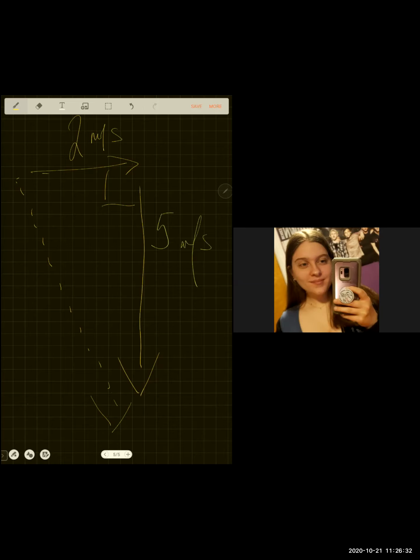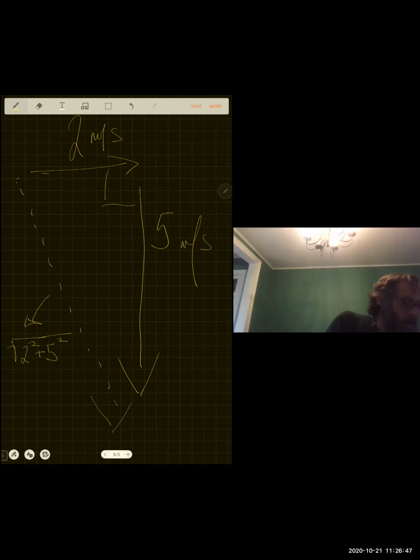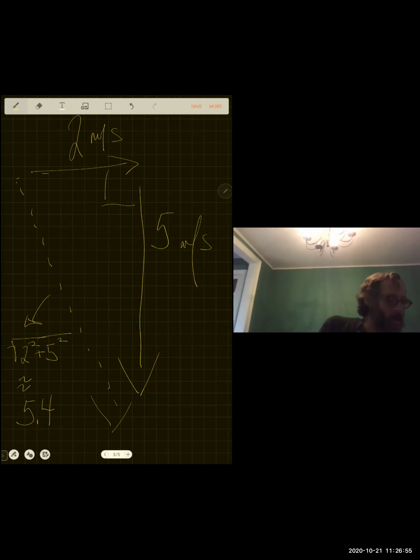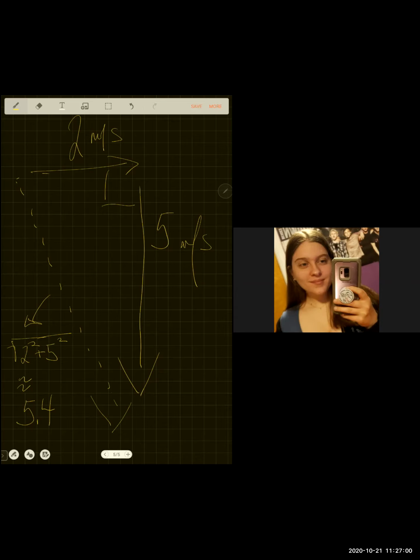Yes. So you just have to find what the hypotenuse is. So you then use the Pythagorean Theorem, which is 2 squared plus 5 squared equals c squared. And then I got 5.4. I did it two different ways just to verify that I got the same answer.